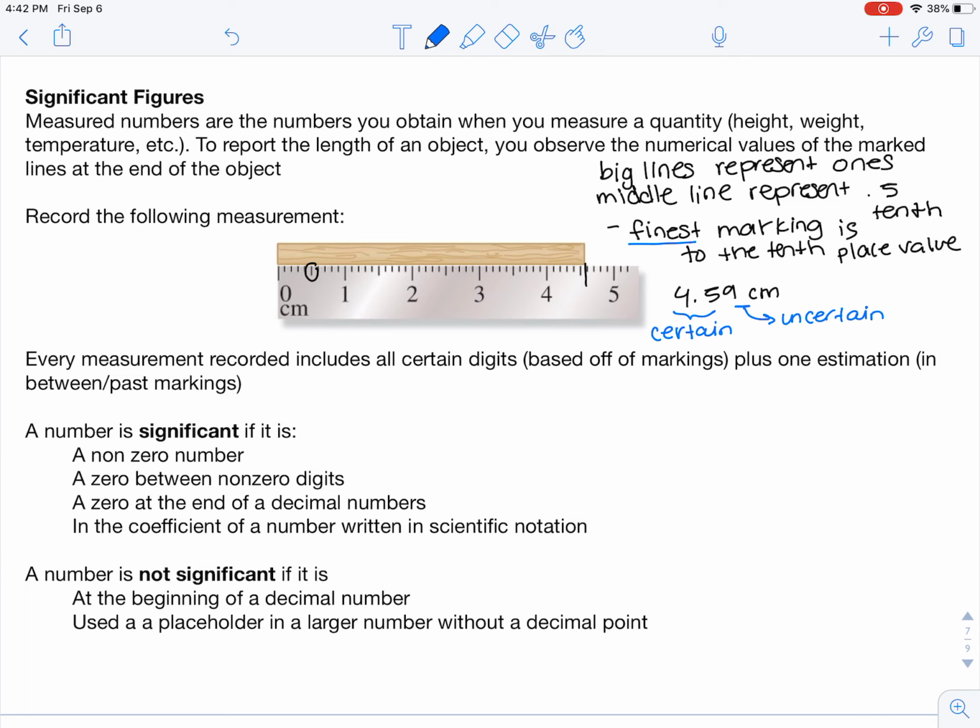Every measurement recording includes all certain digits based off of all the markings. And note that markings could be in 2s, in 0.5s, in 0.1s. It can always depend. Plus the one estimation, which will be your uncertainty, the place value after all your certain. So in our example, we have to the 10th spot certain, so the 100th spot was our uncertain.